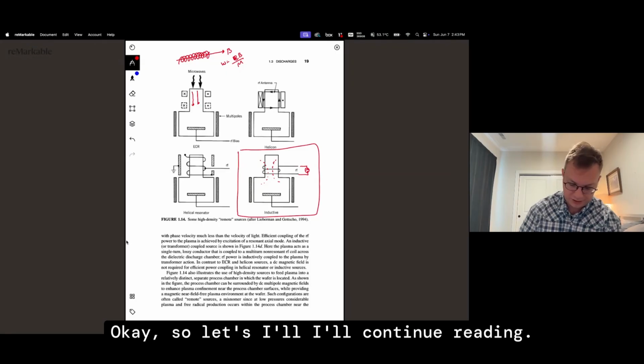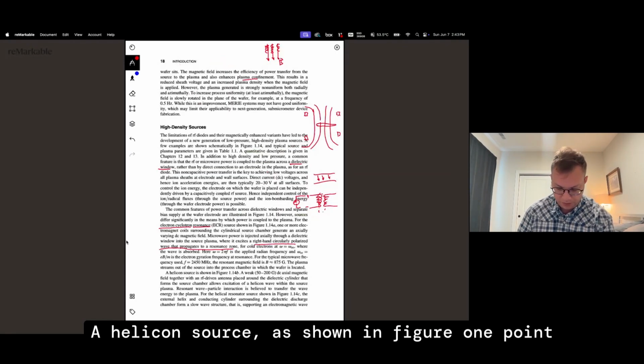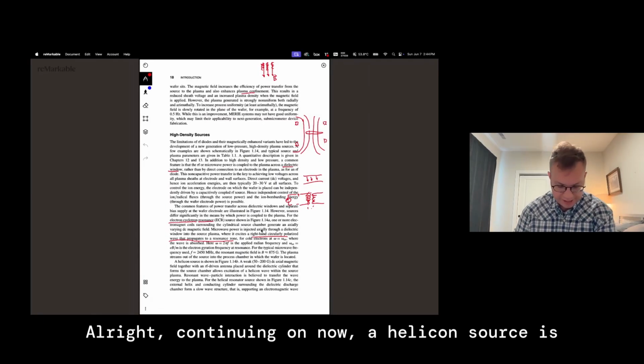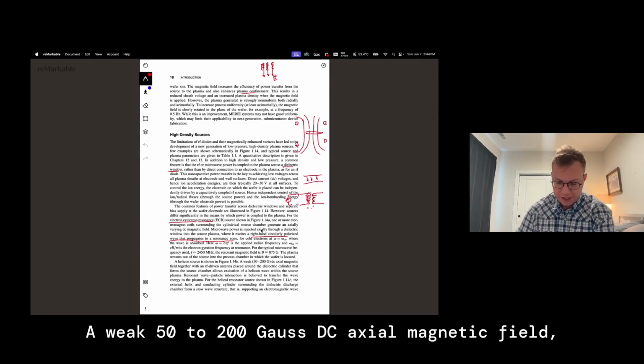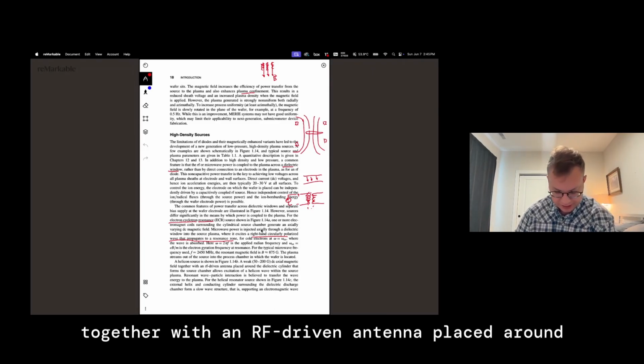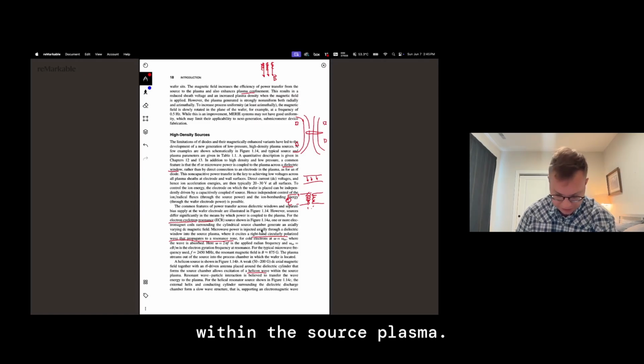So I'll continue reading. A helicon source is shown in figure 1.14b. A weak 50 to 200 Gauss DC axial magnetic field together with an RF-driven antenna placed around the dielectric cylinder that forms the source chamber allows excitation of a helicon wave within the source plasma.